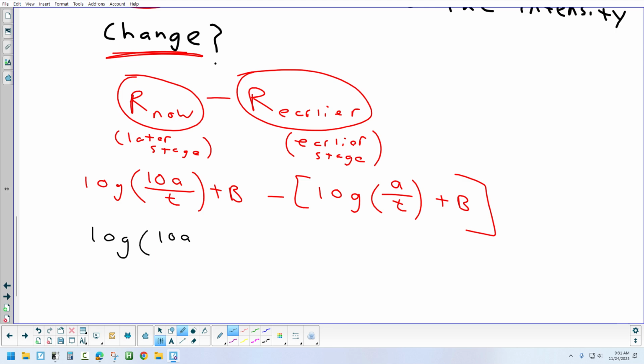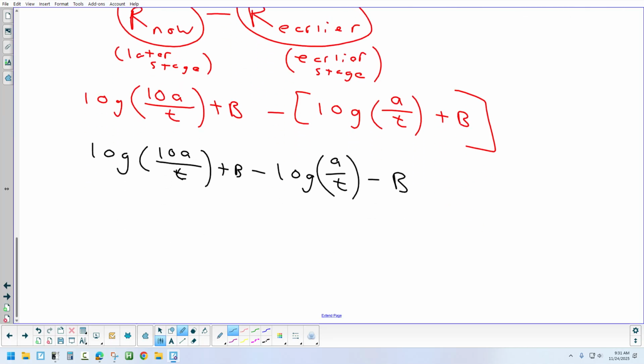Log 10A over T plus B, minus log A over T, minus B. Now, what's going to happen there? Any factor that stays the same between two measurements shouldn't have an effect on the final answer, because it was the same before as it is later. And that shows that B does not matter.